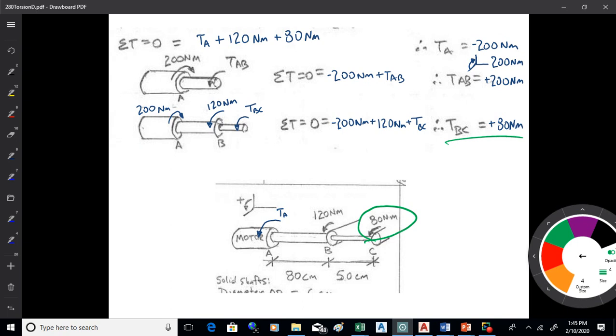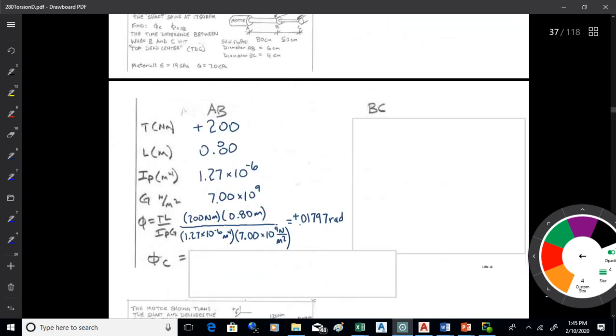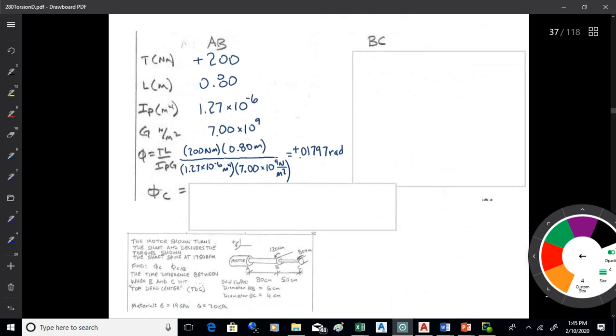So once we got that, we can just plug everything in. Because what we're doing here, we're doing phi is TL over IG. We've got all this stuff now. We figured everything out. We just plug in. So for AB, we have an internal torsion of 200 Newton meters. I got the units over there on the left. The length is 0.8. I is 1.27 times 10 to the minus 6.